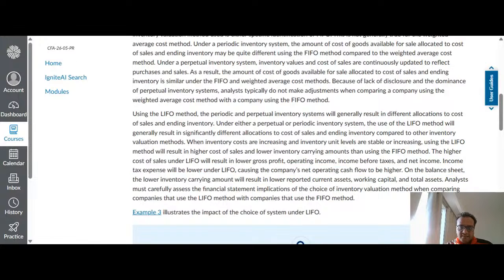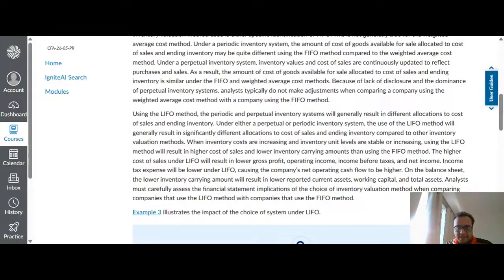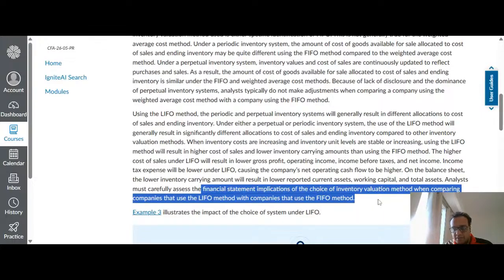On the balance sheet, the lower inventory carrying amount will result in lower reported current assets, lower working capital, and lower total assets. So the analyst has to carefully assess the financial statement implications of the choice of inventory method when comparing companies using LIFO with others. So if you are doing either FIFO or weighted average, then there is not much change required. But if you are doing LIFO, you need to consider the impact.